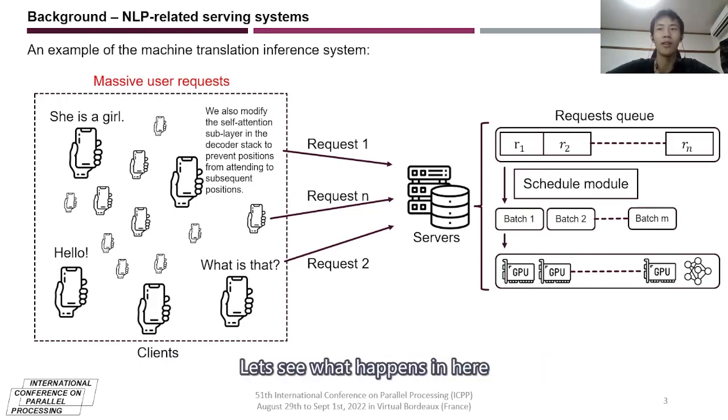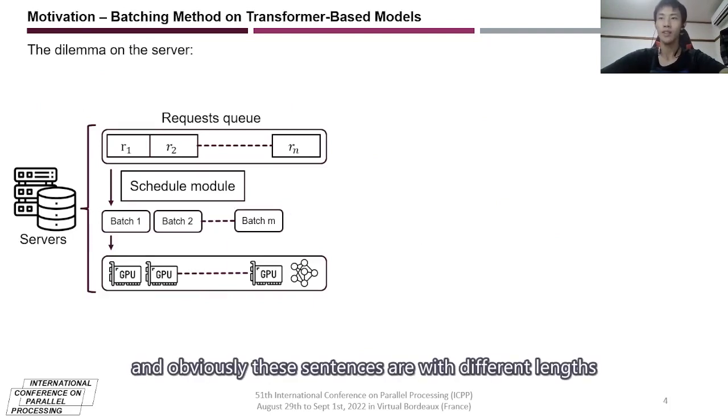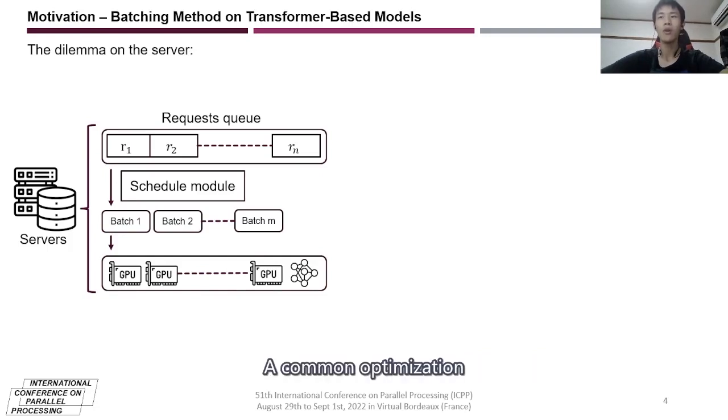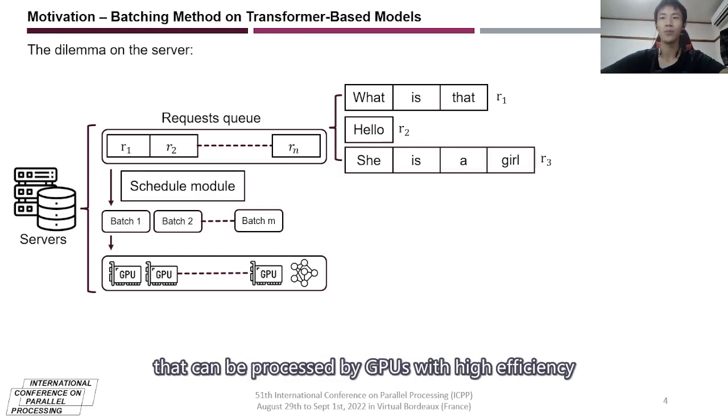Let's see what happens here. For example, a language translation service receives requests in the form of sentences, and obviously these sentences have different lengths. A common optimization for inference efficiency is to batch several requests, which are further described as a multi-dimensional tensor that can be processed by GPUs with high efficiency.